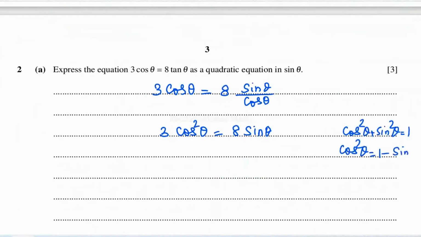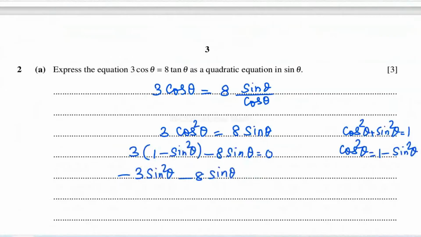Okay, we will substitute this here. 3 multiplied by 1 minus sin square theta minus 8 sin theta equal to 0. So minus 3 sin square theta minus 8 sin theta plus 3 equal to 0, and this can be rewritten as 3 sin square theta, that is you are multiplying and dividing by negative 1.